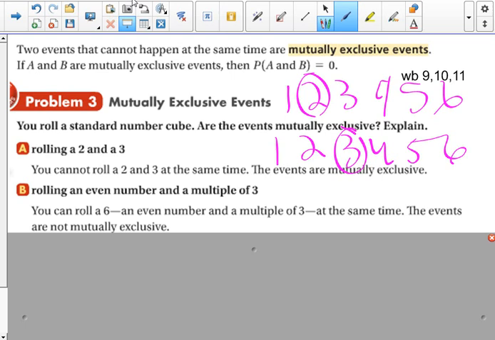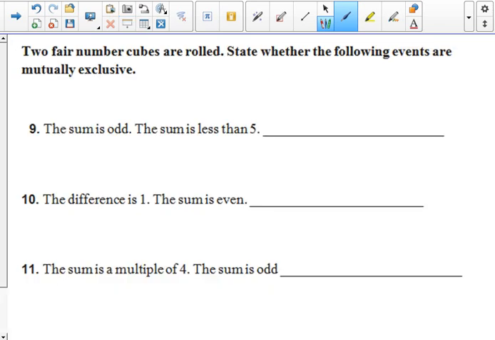Now it says the sum is odd and the sum is less than 5. So what do you think? Is it not mutually exclusive? Is this a possibility? So if we roll a sum less than 5, that means it's got to have a sum of 4, 3, 2, 1, right? Actually, let me go to your homework page. There we go. 1, 2, 3, 4, 5, 6, and 1, 2, 3, 4, 5, 6.